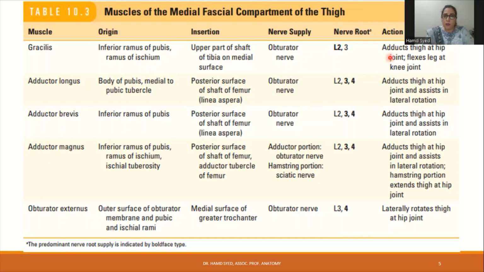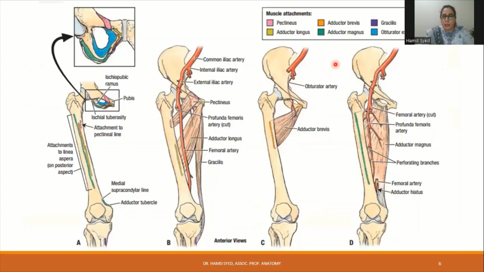Okay, so now that we have talked about these muscles, we're going to move on to a little detail in which we'll be looking at these portions of the hip bone which have been color-coded to show us the origin of the muscles of the medial compartment of the thigh from the different parts of the hip bone.